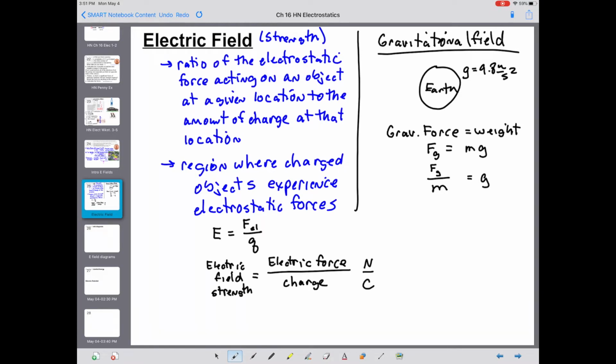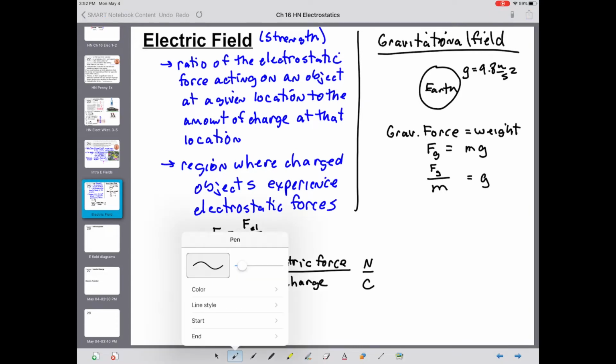So your electric field strength, E, is kind of comparable to gravity, just a different kind of field. It's a ratio of the force to the mass. A force acts on a specific object, but then gravity is the same for every object. Similarly, you have electrostatic forces that act on different charged objects, but the value of an electric field at a given location is going to be the same for every charged object.